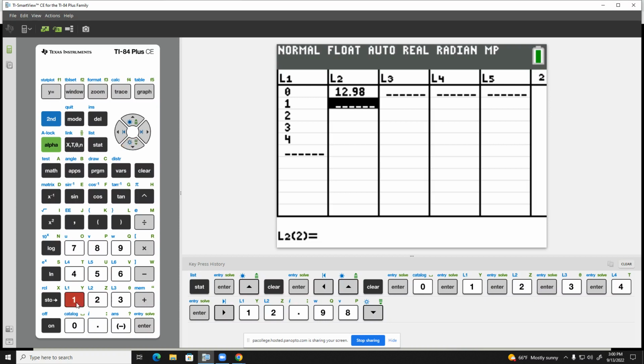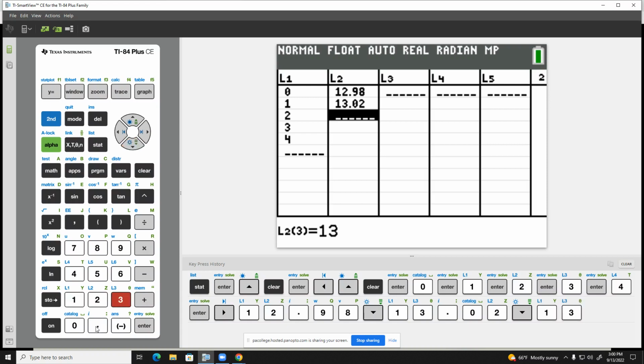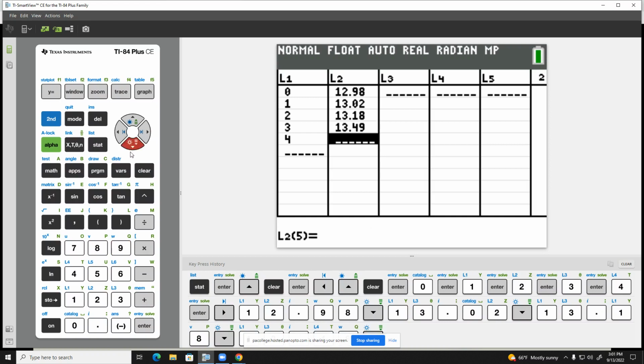Then I have 13.02. Next, I had 13.18. Next, I have 13.49. And finally, I had 13.97.